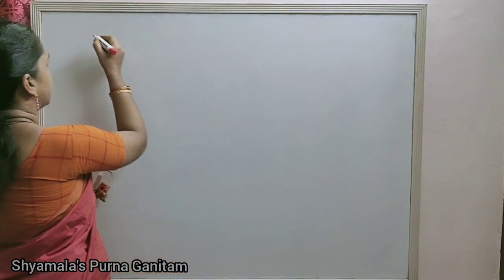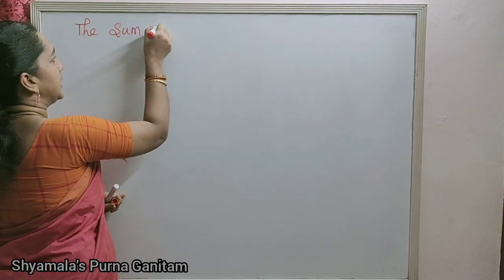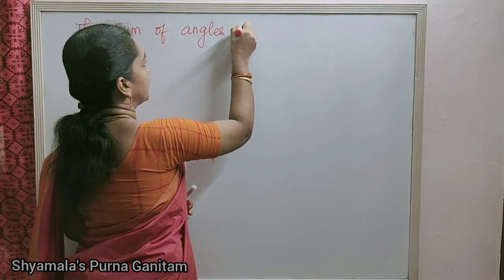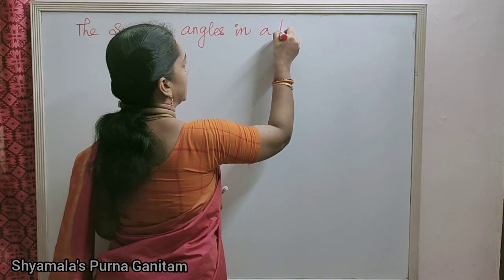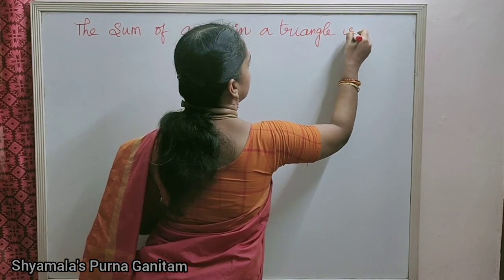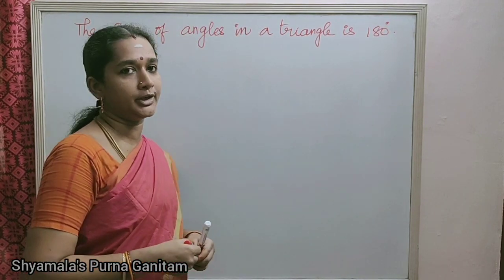Okay, so the theorem is the sum of angles in a triangle is 180 degree. This is the proof we are going to do now.